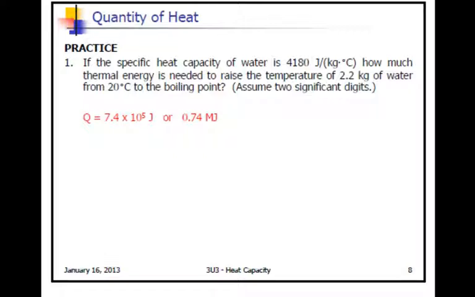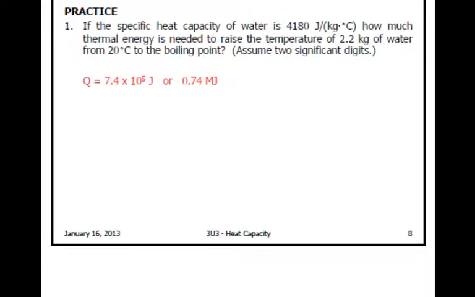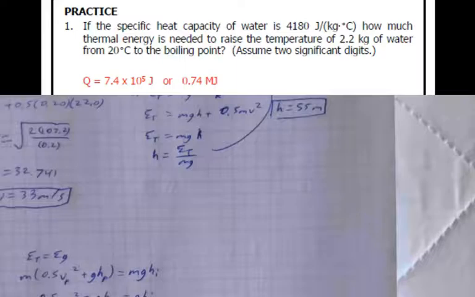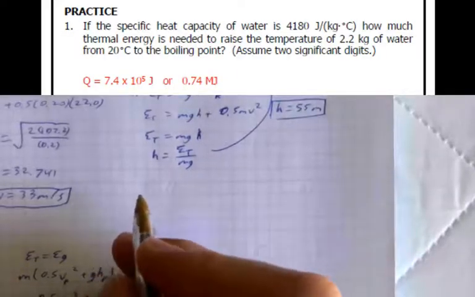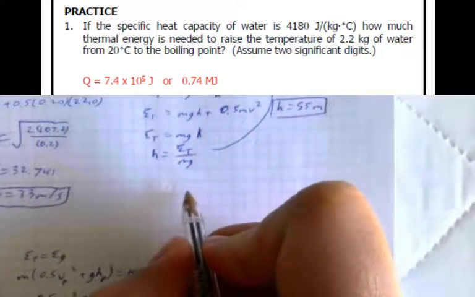So here's our first question. It says, if the specific heat capacity of water is 4,180, how much thermal energy is needed to raise the temperature of 2.2 kilograms of water from 20 degrees Celsius to the boiling point, which is 100 degrees Celsius?